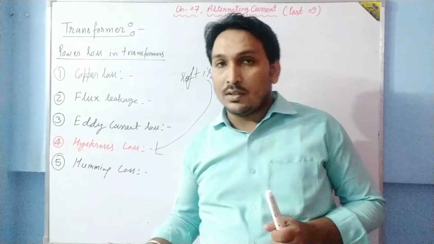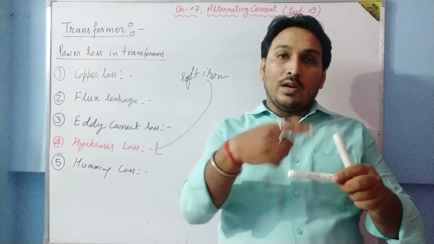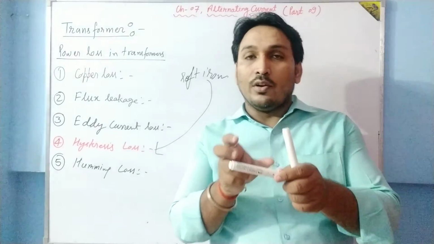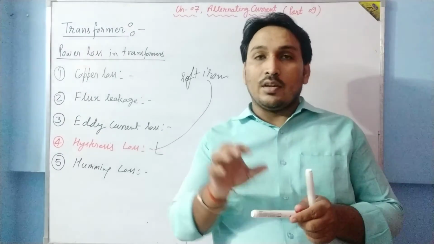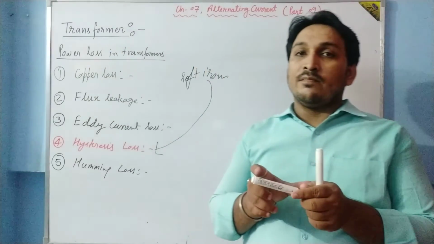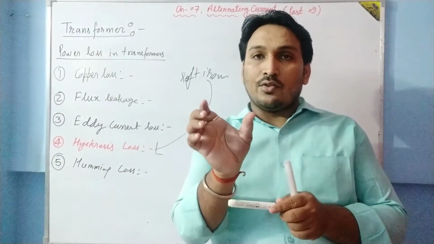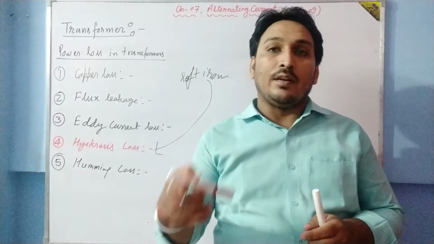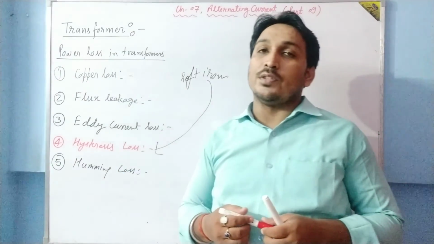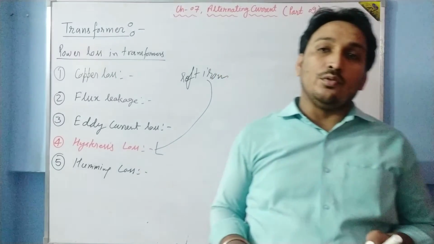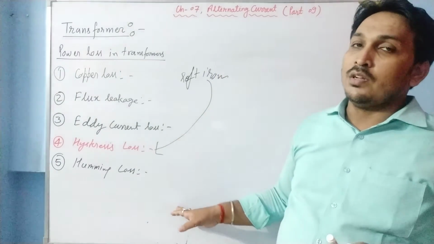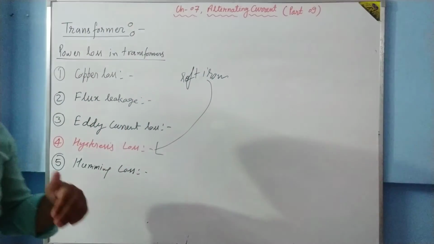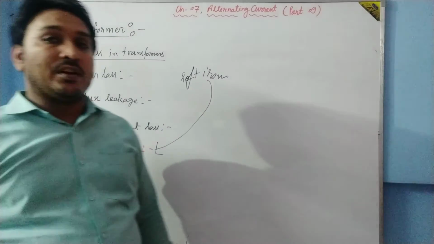And why does this sound come? Actually, when the coil is wound over a solenoid core and the current increases, the length of the core decreases, and when the current becomes zero, the length increases. Because of this shrinkage and expansion in length, the core starts vibrating, and because of that vibration, the humming sound is produced. This humming sound is also of no use, and it creates some power loss. We cannot minimize it. It will happen. So because of these reasons, we cannot achieve 100% efficiency of a transformer.